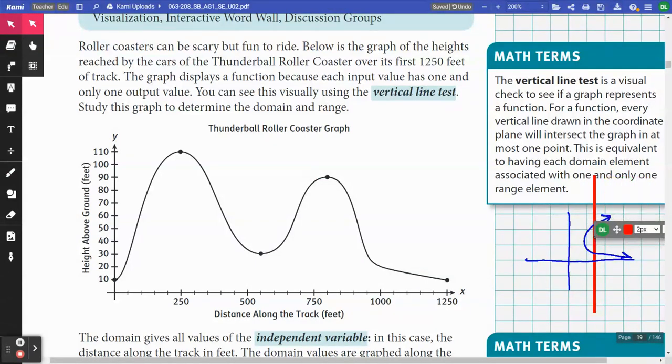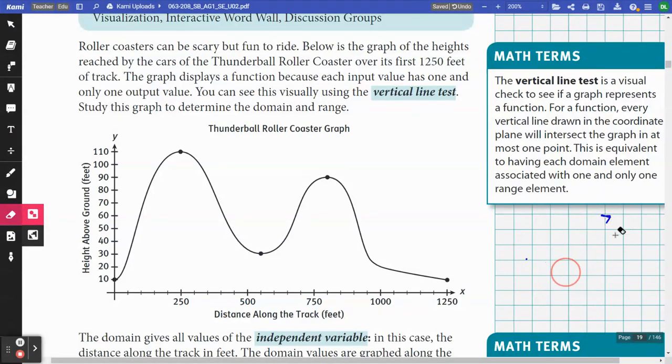It touches here and it touches here. That's not a function. That's just some examples for you to have there. Let me erase all that. All right, so that's the vertical line test.